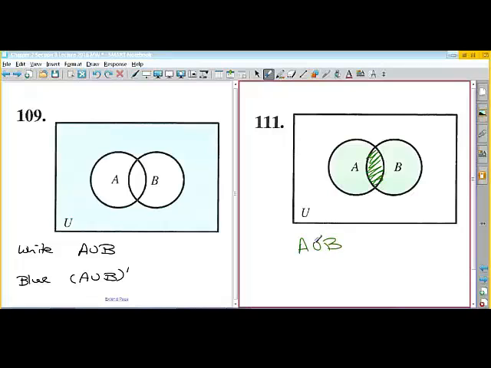So green is going to be A union B. Now, the white, before I filled it in, the white between the two, this little white football, that is A intersect B. So the blue, which is what we're trying to figure out, is going to be A union B, which is everything that's in A and B, subtracting A intersect B. Okay, get that? See how that works?